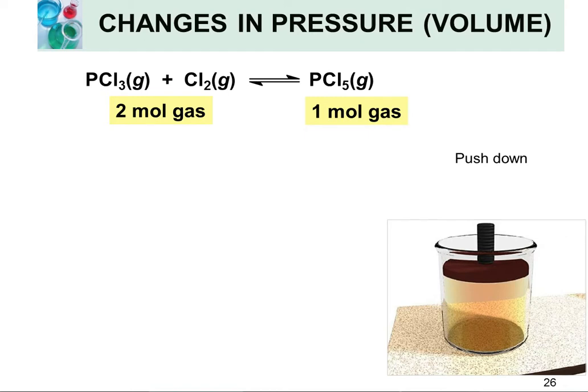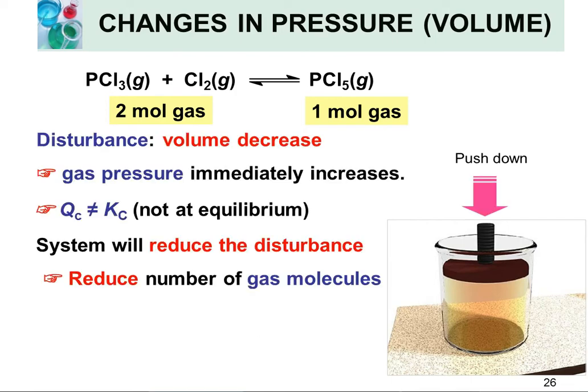Consider this reaction: PCl3 plus Cl2 to produce PCl5. There are 2 moles of gas on the reactant side and 1 mole of gas on the product side. Decreasing the volume will increase the pressure.